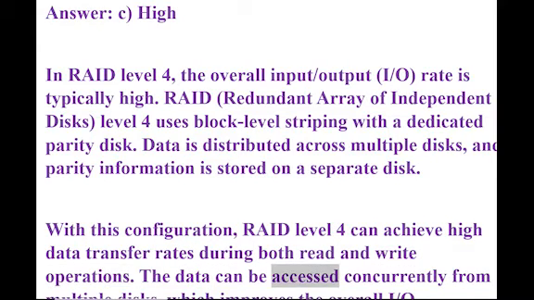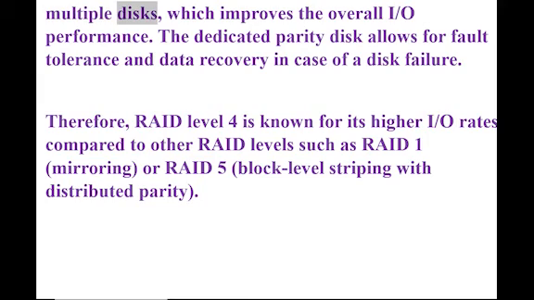The data can be accessed concurrently from multiple disks, which improves the overall I/O performance. The dedicated parity disk allows for fault tolerance and data recovery in case of a disk failure. Therefore, RAID level 4 is known for its higher I/O rates compared to other RAID levels such as RAID 1, mirroring, or RAID 5, block-level striping with distributed parity.